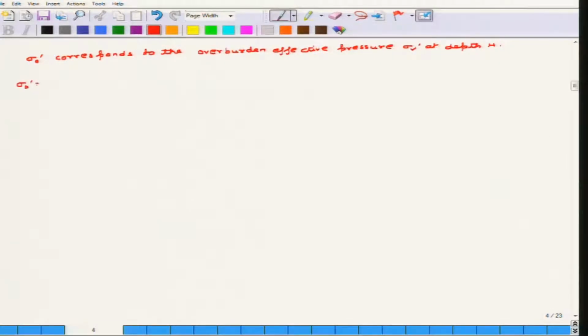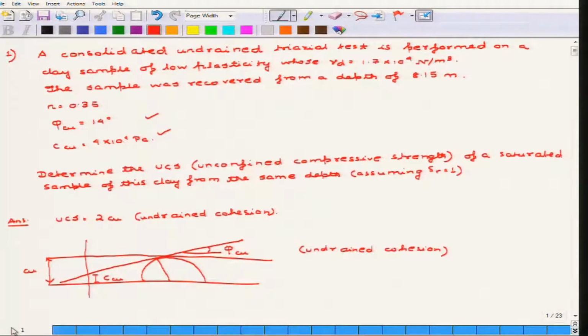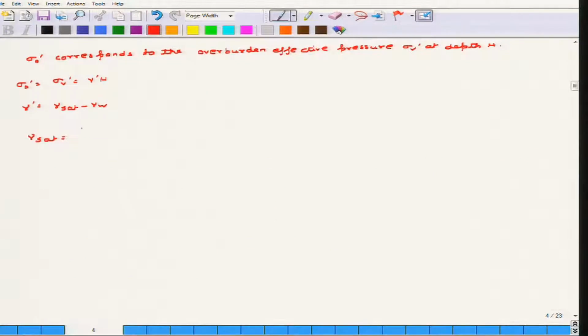So sigma naught dash is equivalent to sigma V dash, which is equivalent to gamma dash into h. Now gamma dash is known as gamma sat minus gamma w. So gamma sat you can easily find out from the relation of gamma dry, because gamma sat is (Gs plus e) by (1 plus e) into gamma w, while gamma dry is equivalent to Gs by (1 plus e) into gamma w.